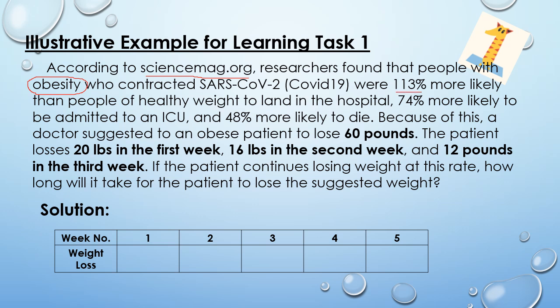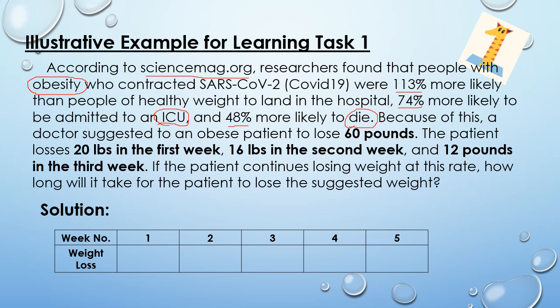So, mas mataas ang probability nila na ma-hospital compared doon sa mga healthy weight. And then, 74% more likely to be admitted in ICU, na mapunta sila sa ICU, or 48% na sila ay mamatay.